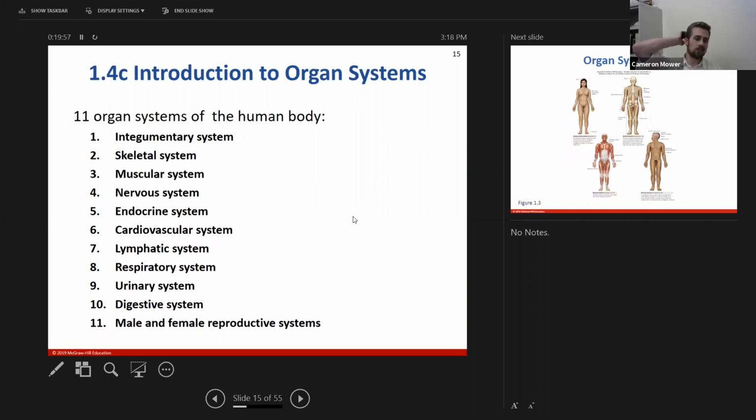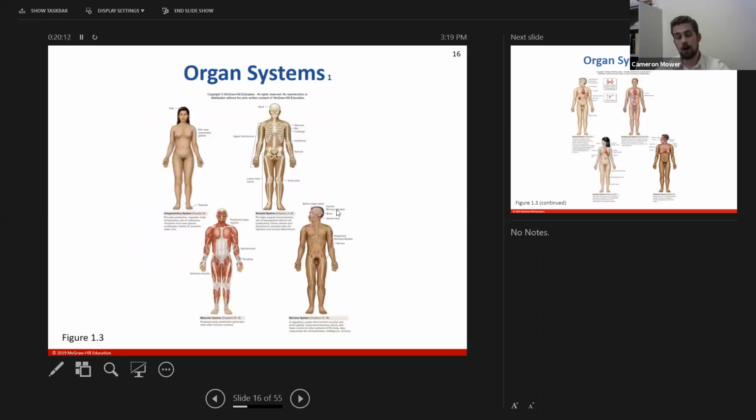You've got 11 organ systems that we will be studying over the course of 2 semesters. Integumentary, skeletal, muscular, nervous, endocrine, cardiovascular, lymphatic, respiratory, urinary, digestive, and reproductive systems. And here they are in some picture glory, organ systems. I will let you guys study this book picture on your own time.